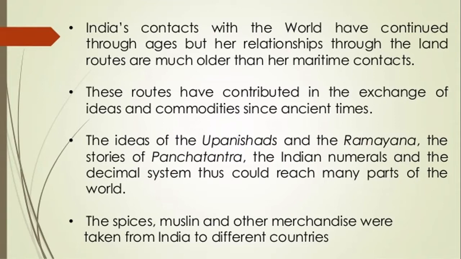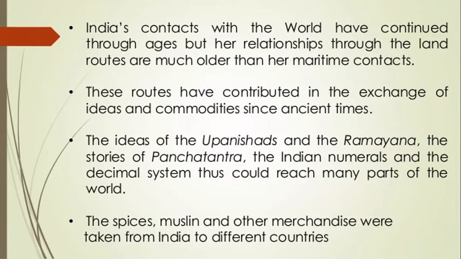So these were all India's ideas, these were all stories of India. The numeral and the decimal system was also established in India, and we have sent it from India. It has reached different parts of the world. The spices, the muslin, and other merchandise were taken from India to different countries.